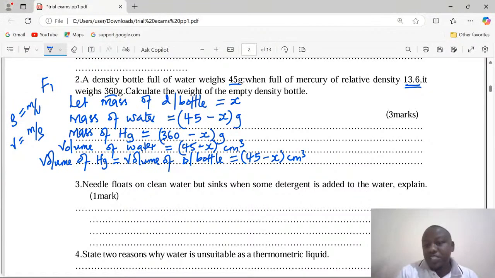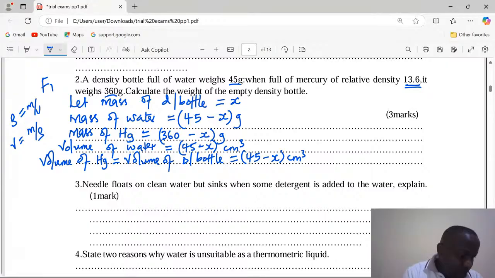It is usually the density of a substance with respect to the density of water. I hope you people are getting me clearly from wherever you are.